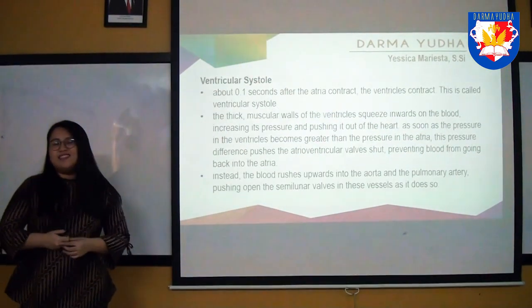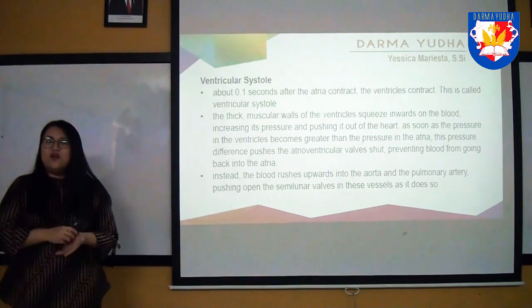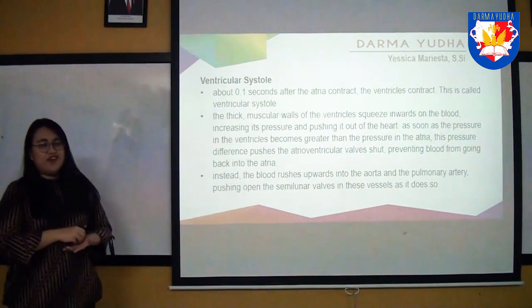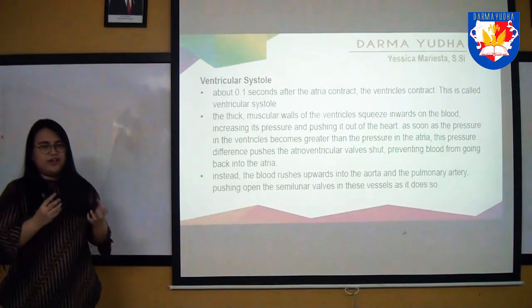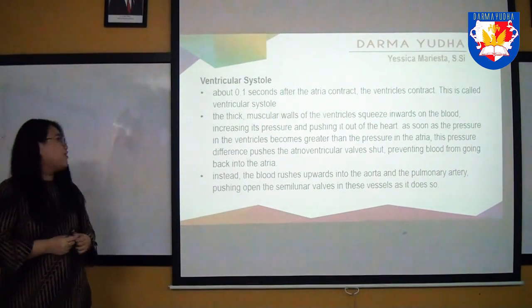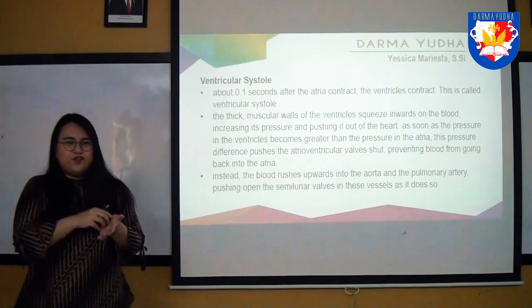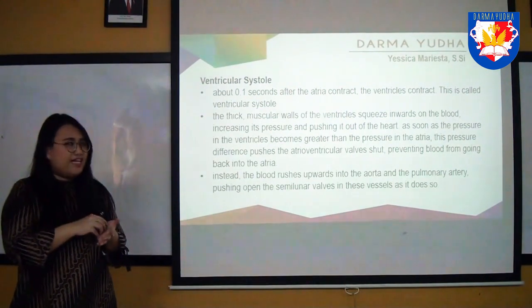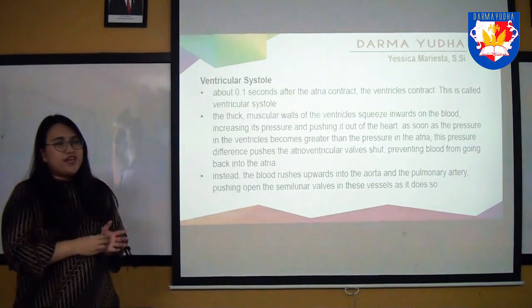The second stage is the ventricular systole. About 0.1 seconds after the atrium contracts, it is time for the ventricles to contract. We call this stage the ventricular systole. The thick muscular walls of the ventricles squeeze inwards on the blood, so it creates pressure in the ventricles.